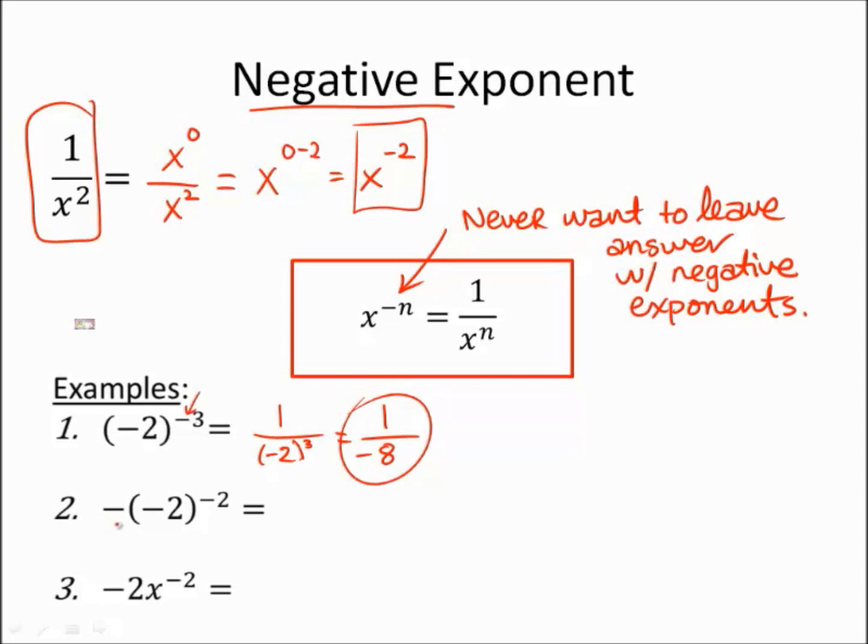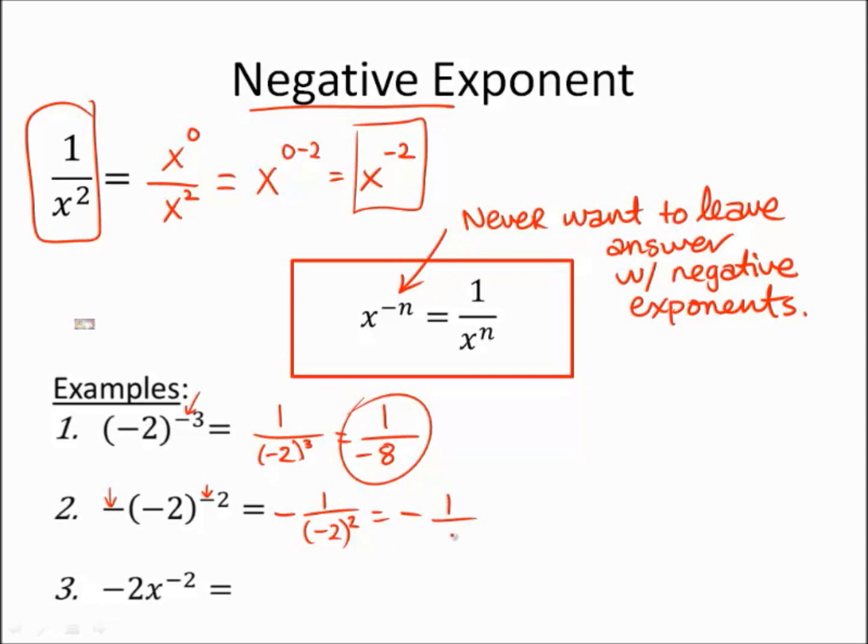In this case, you have a negative hanging out front, so that's not going to move. This negative exponent sends this guy to the basement. Negative exponents are bad, got to send them down to the basement to become positive. It's just a story.